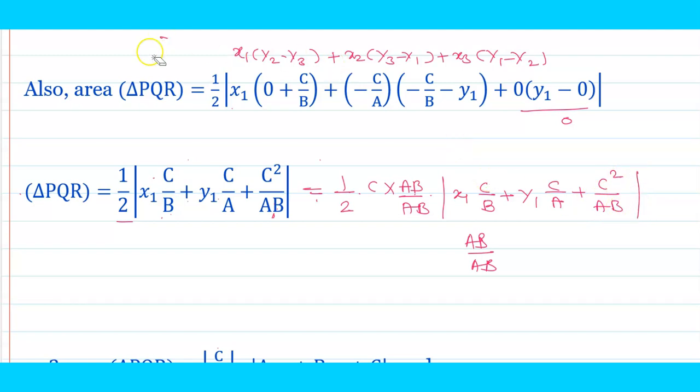Now the next step is the evaluation, which gives 1/2 times c upon ab.